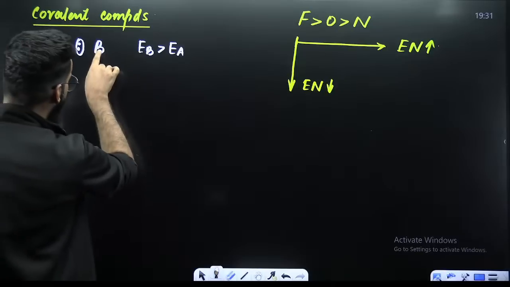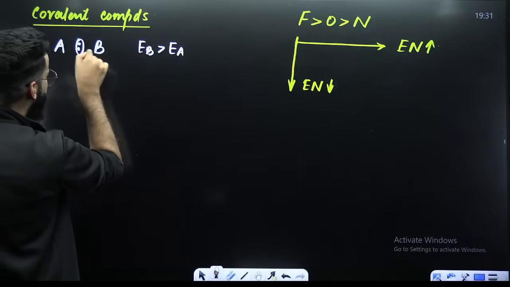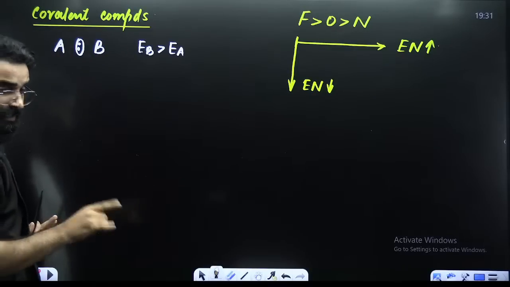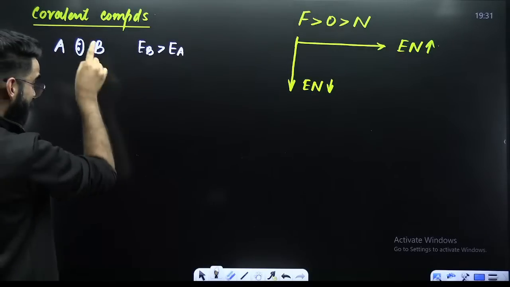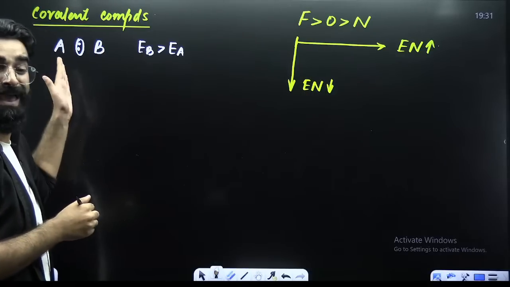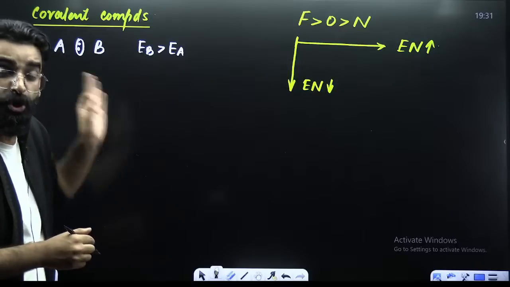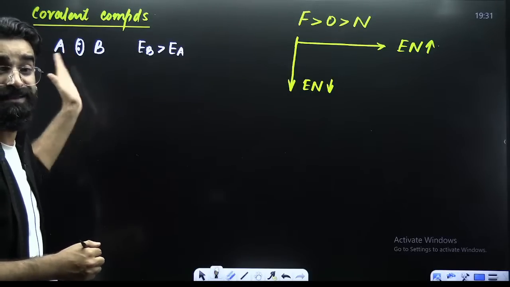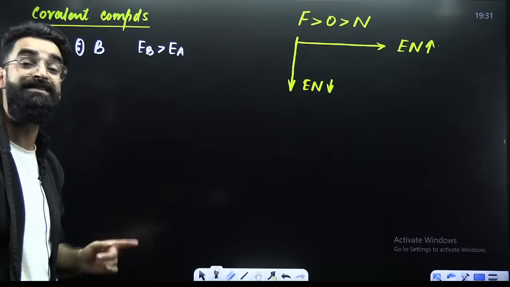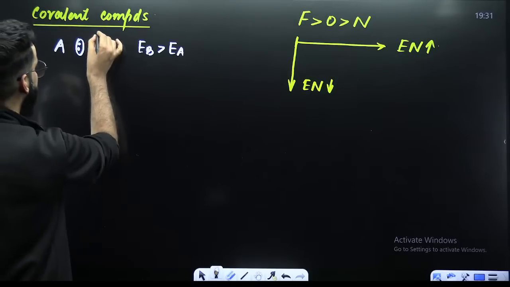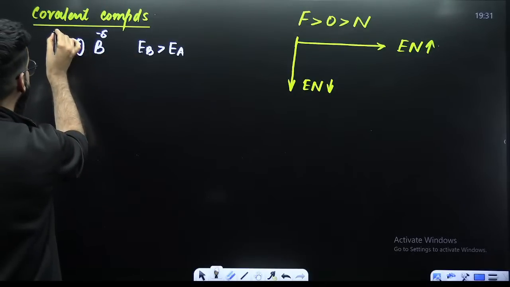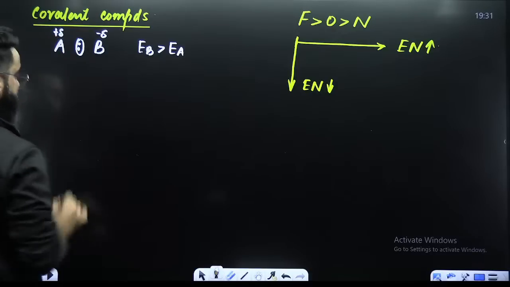B has got more tendency to attract the bonded pair towards itself, due to which the electron density towards B is going to increase. That increase in electron density towards B is represented by delta negative, and the decrease in electron density towards A is represented by delta positive.